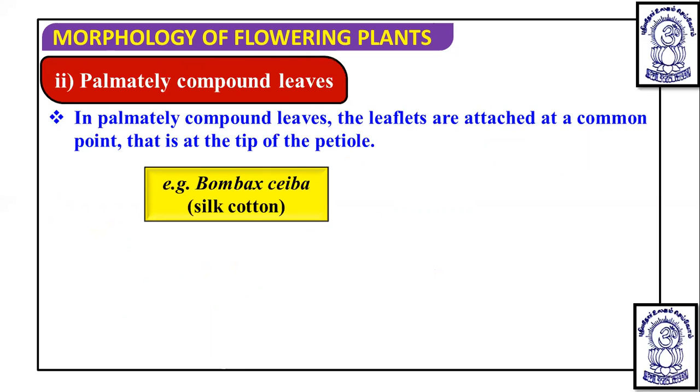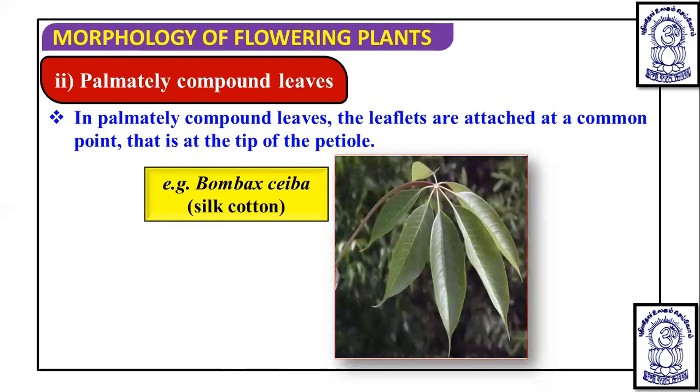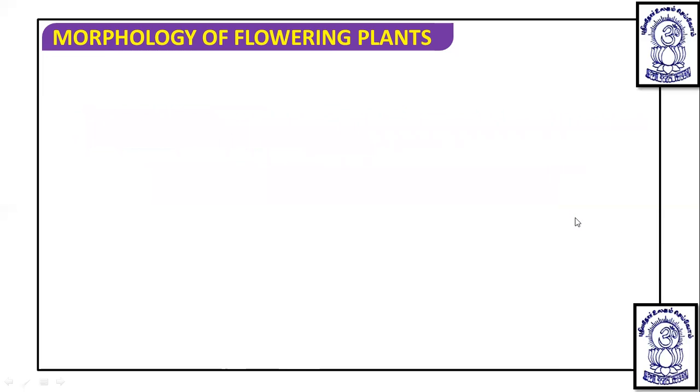That example is important. But we will see it somewhat in detail. See, this is the important thing. This is the petiole. And at the tip you will see these are the leaflets. So this whole is a leaf, but these are the leaflets.